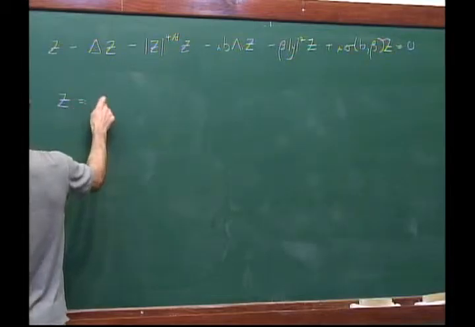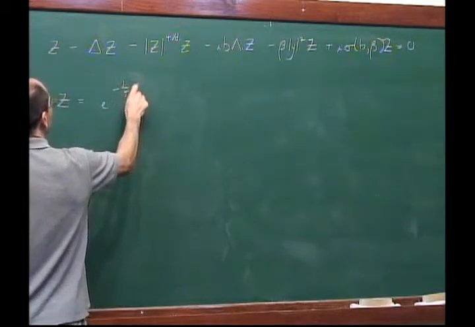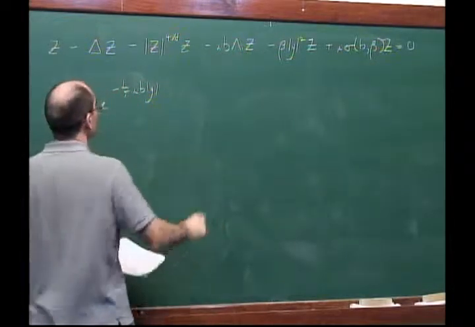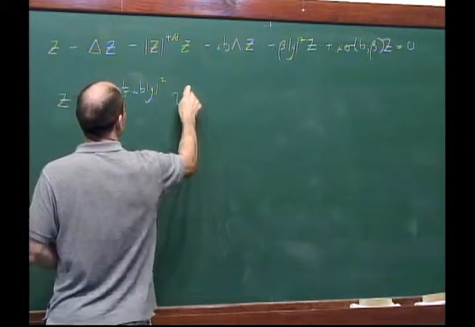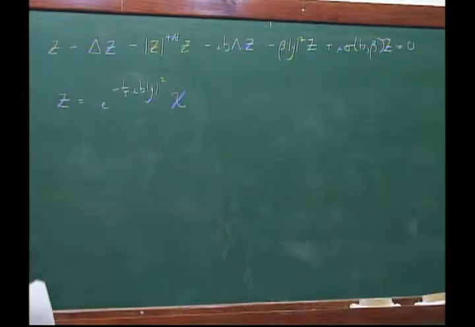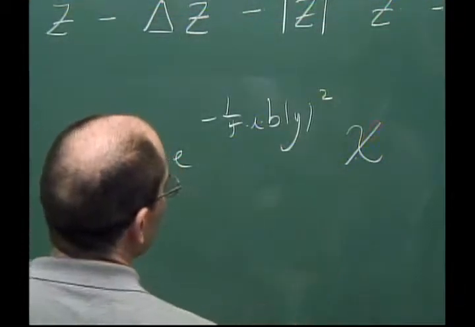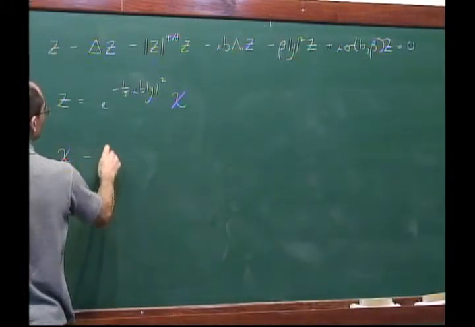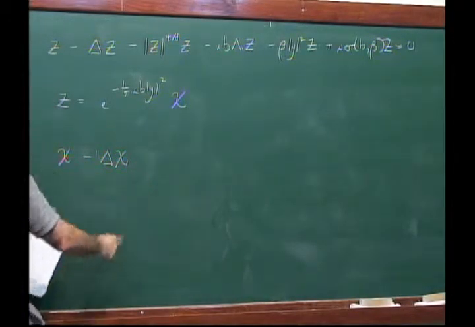And what happens is that you can transform, because this lambda operator is a little awkward. So you put in this quadratic phase, and then you get an equation for chi, and it's a more customary Schrodinger type equation.